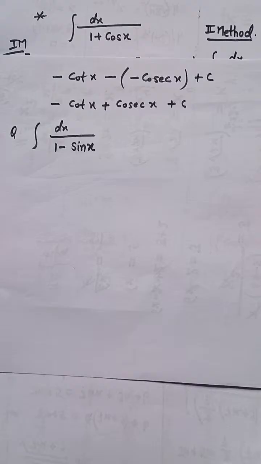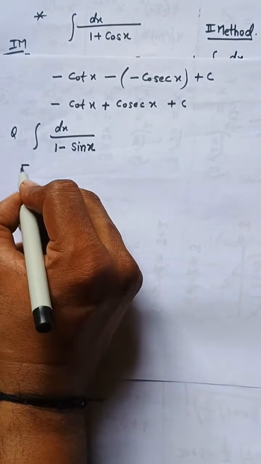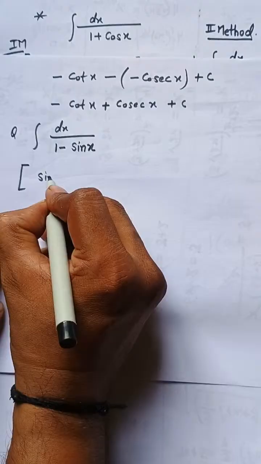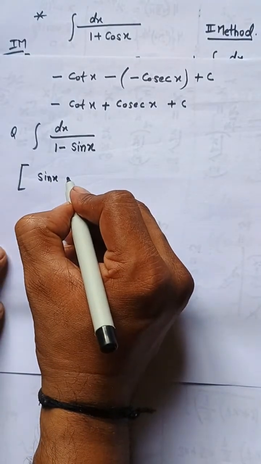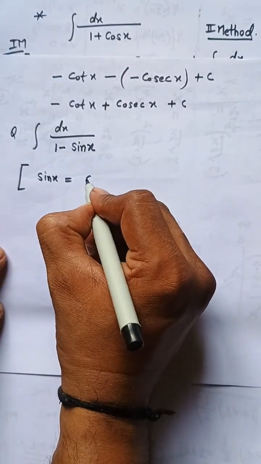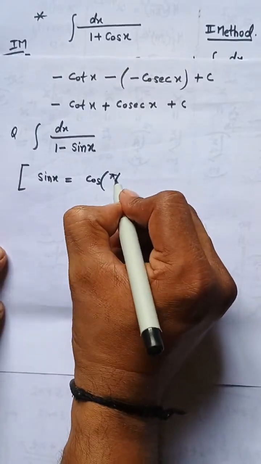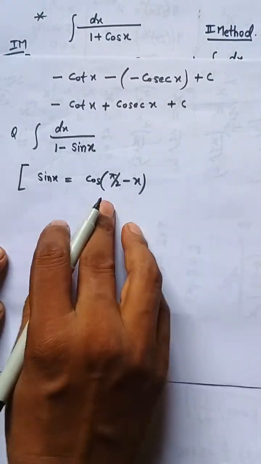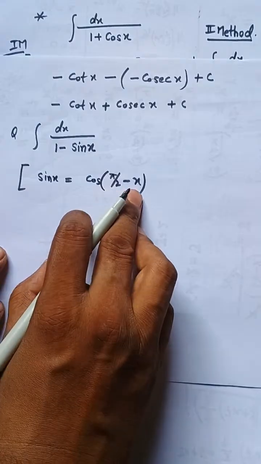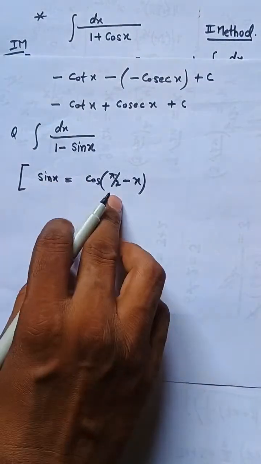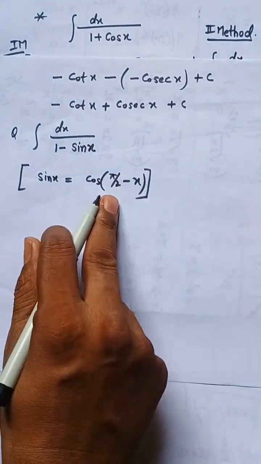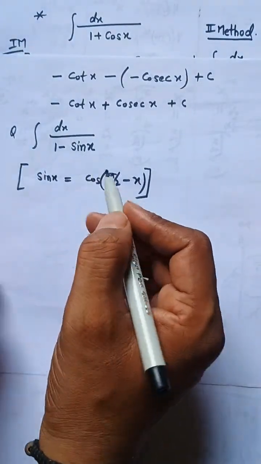So let's convert this sine. We know that sin x is related to cos in terms of cos pi by 2 minus x. So this sin x will be substituted by cos pi by 2 minus x.